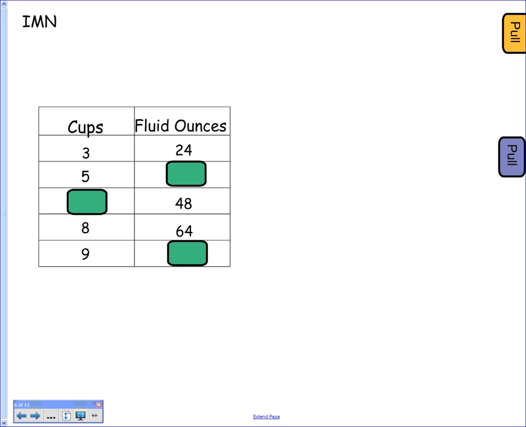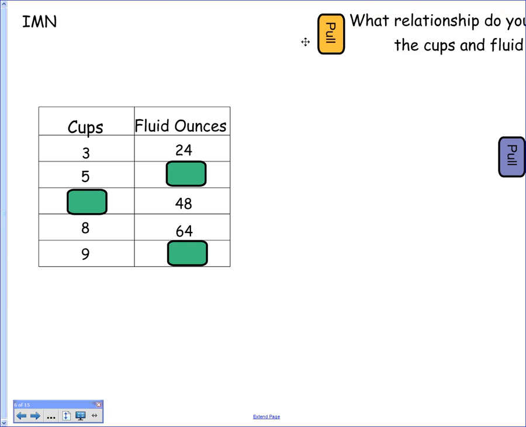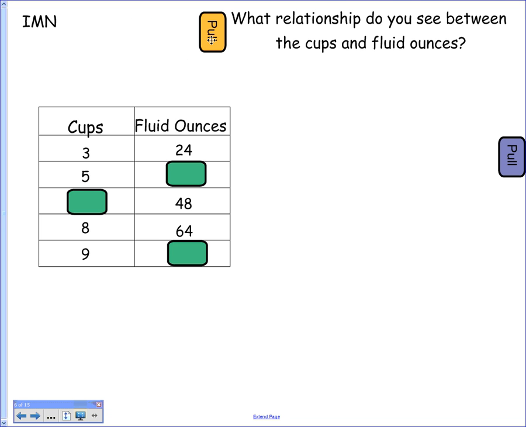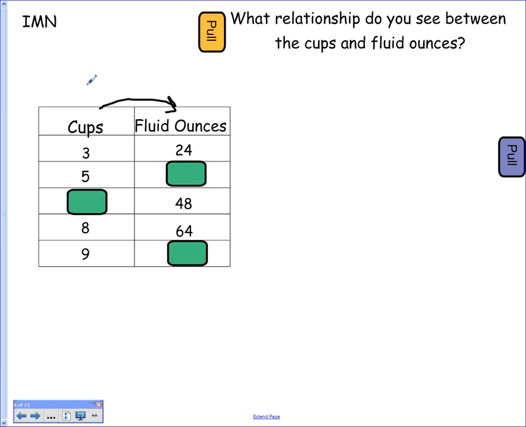All right, start looking at your chart here. We need to talk about other units. So in this case, we've got cups and fluid ounces. What relationship do you see between cups and fluid ounces? Well, the relationship I see is when I'm going this way, I'm multiplying times 8.